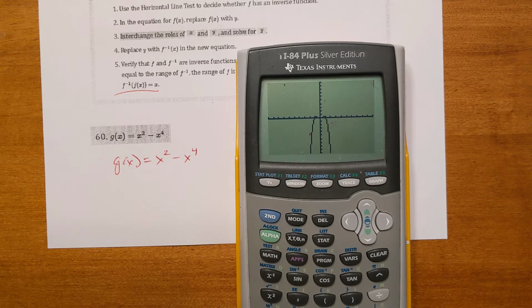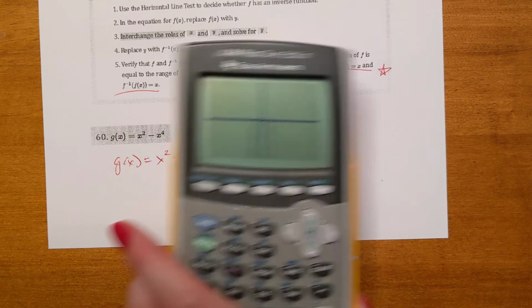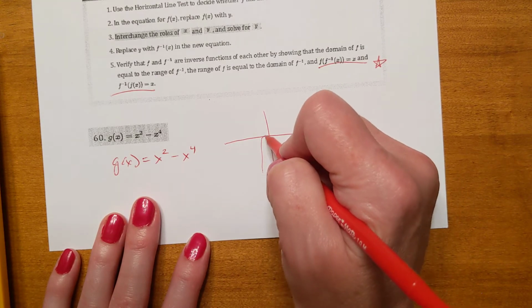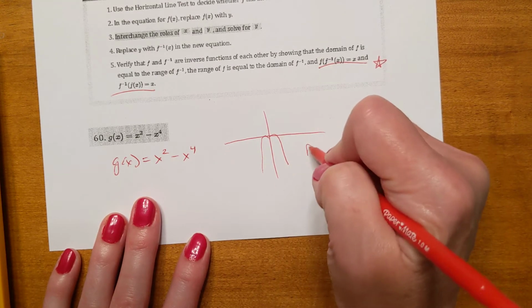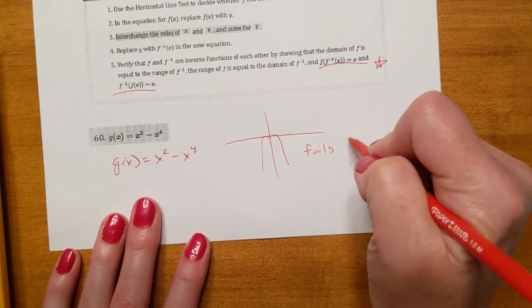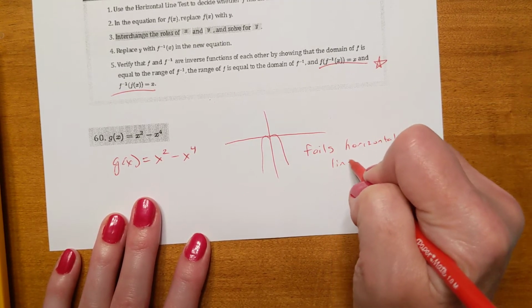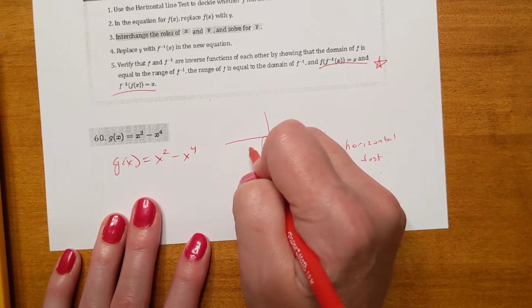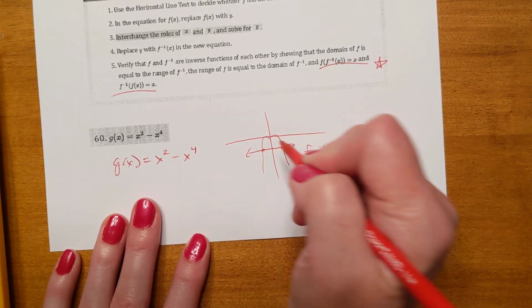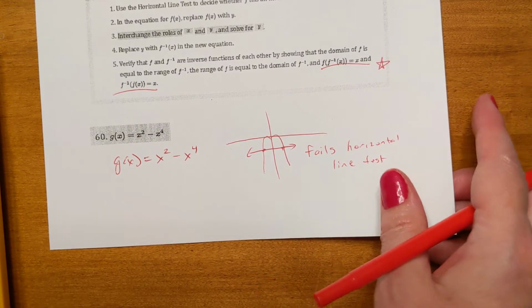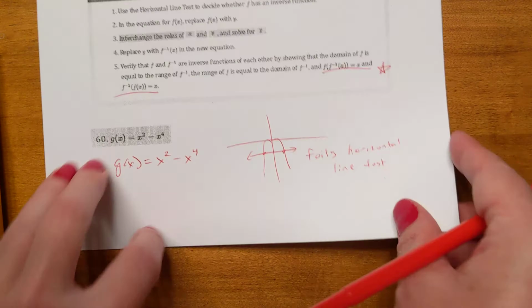It makes kind of an upside down M. You can see already it fails the horizontal line test, so you're all done with it. You can draw a little sketch of it to show that you did it. It fails the horizontal line test because when we draw a horizontal line, it intersects it twice. Which is awesome, because we don't have to do steps 2 through 5. We're all done.